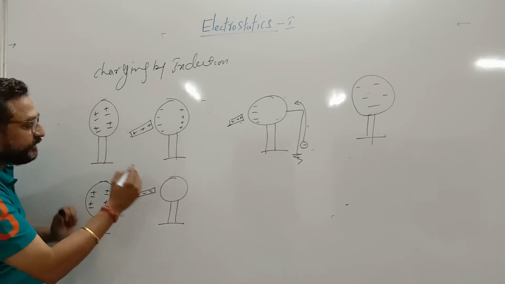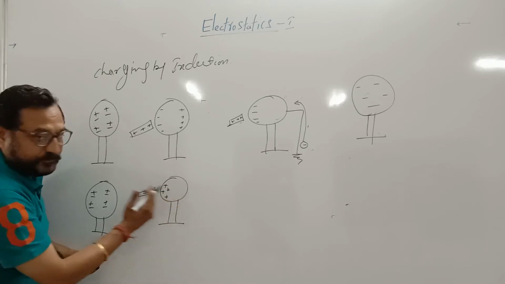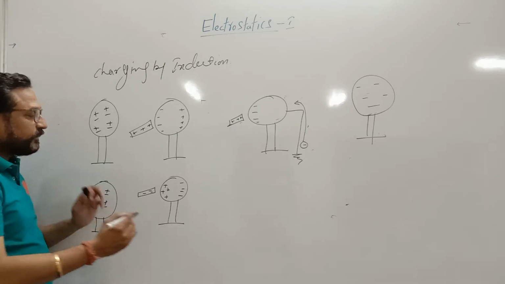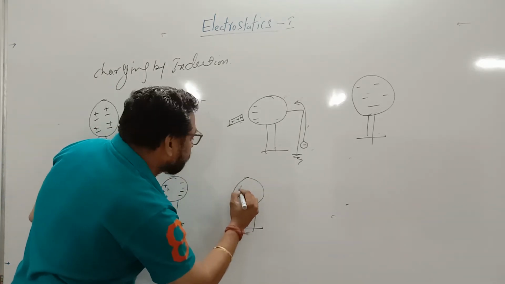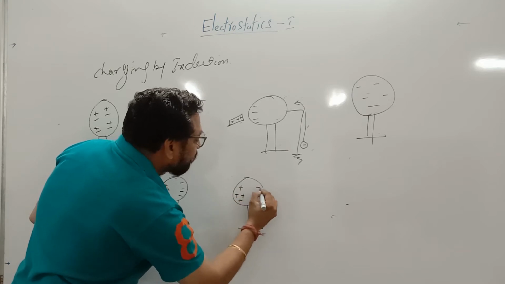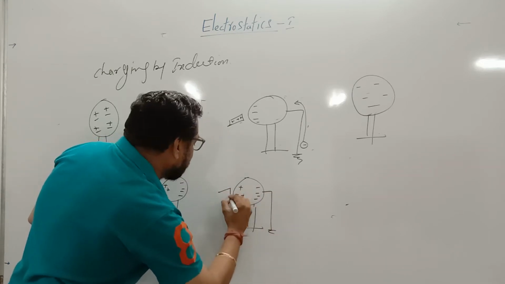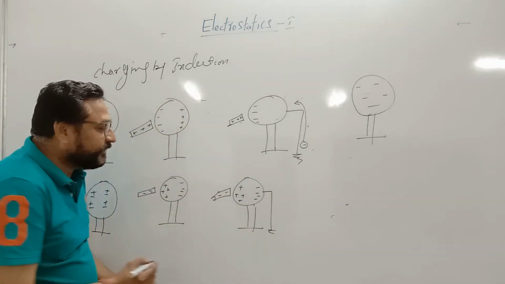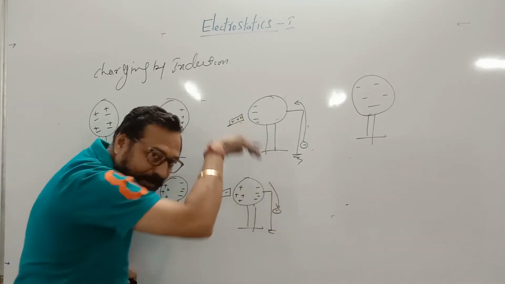That means in this condition, the positive charge of this object comes to this side and the negative charge to the other side. Then again, we earth this object by connecting it to the earth, and in this condition these negative charges are shifted to the earth.